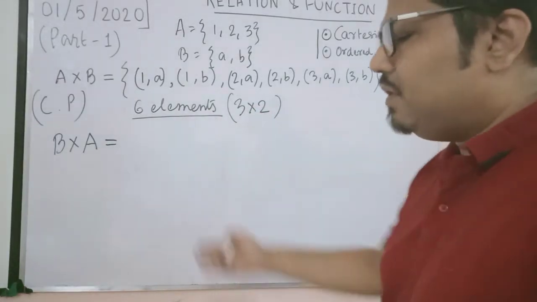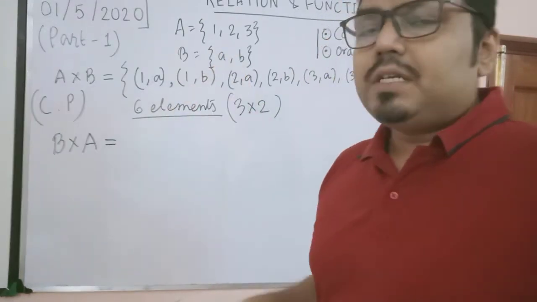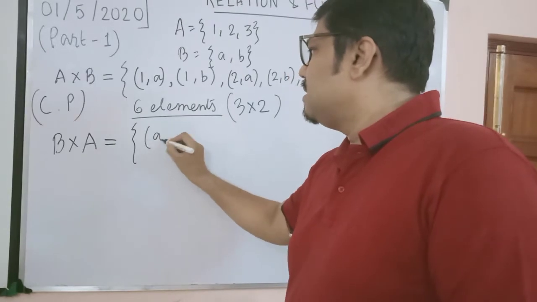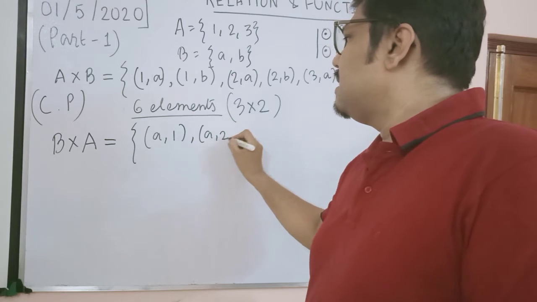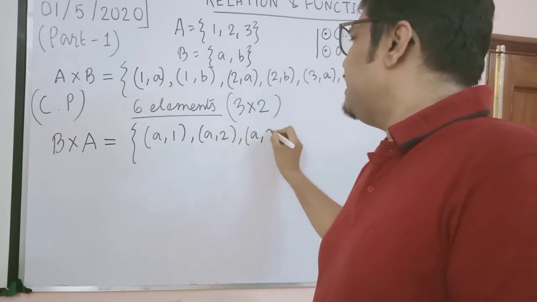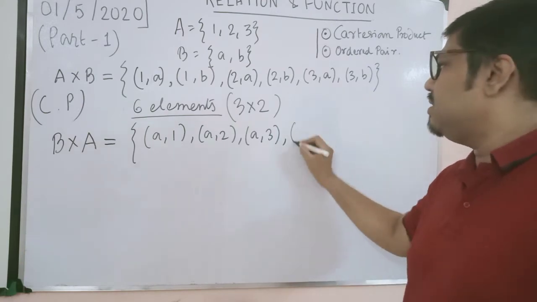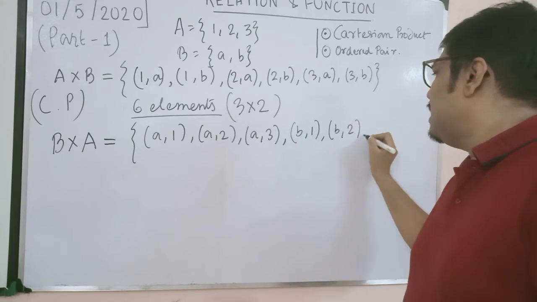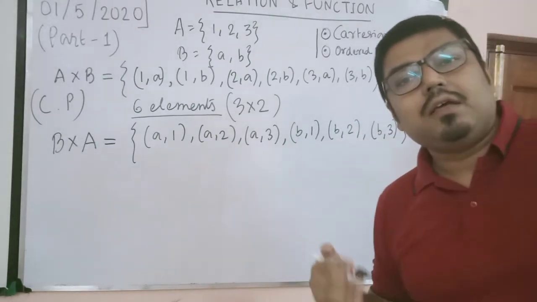Now when we do B cross A, B will take the first position. Otherwise it's more or less similar. So we see (A, 1), (A, 2), (A, 3), and then also (B, 1), (B, 2) and (B, 3). So these are the B cross A part.